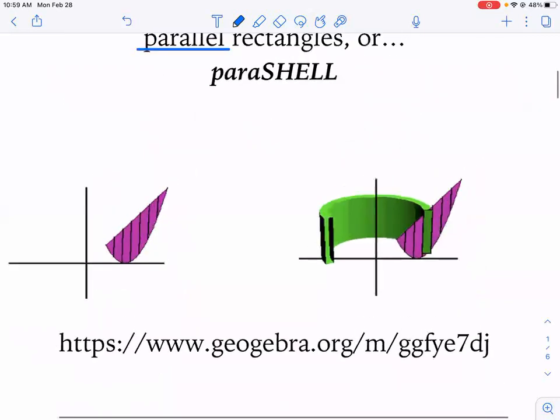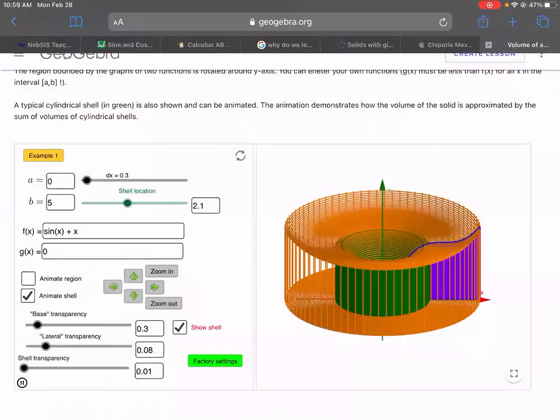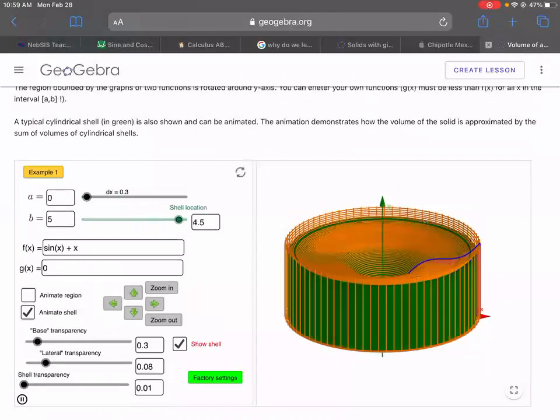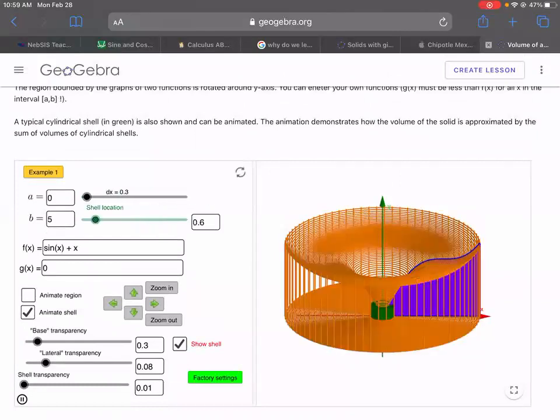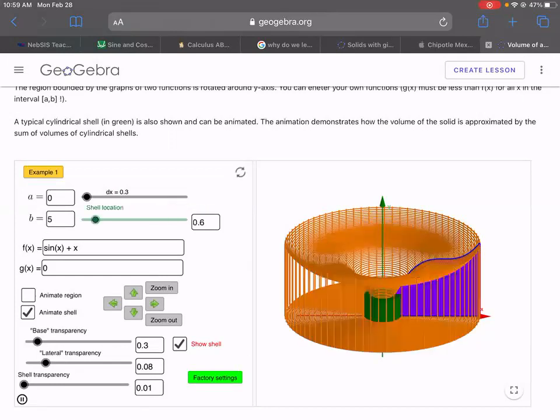Okay. So maybe it would help if I gave you a visual. Notice how I have a region and I'm building this three-dimensional solid by making shell, shell, shell, shell, shell.